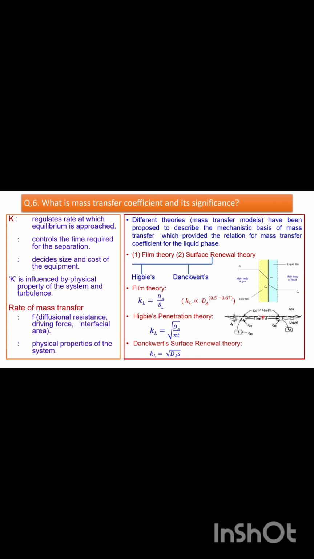Here it is assumed that the mass transfer process is an unsteady state phenomenon, and the mass transfer coefficient is given by KL equal to the square root of diffusivity divided by pi t, where t is the exposure time.